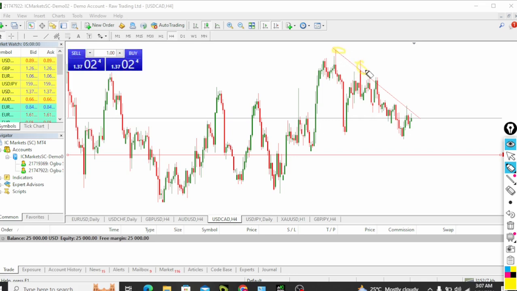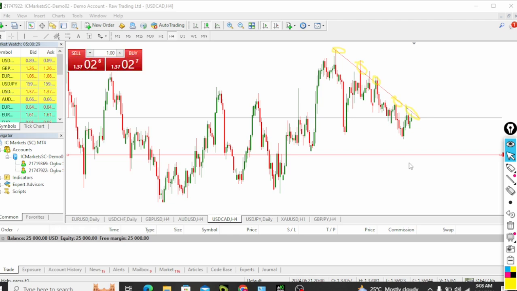You have seen the resistances from here at several points in time. Resistance has been there, and that is exactly where this pair is at the moment, on this resistance trend line that I have drawn here. So I will expect this pair to continue to respect that trend line, and hopefully that is what we are going to see.